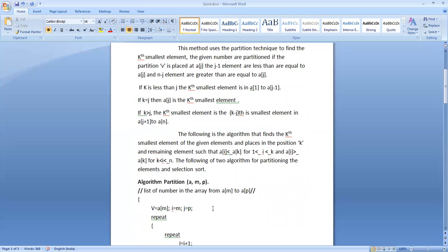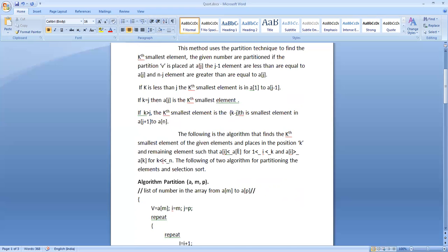Now look at this. Here also we use the very same partition algorithm that we used in the last class. The following is the algorithm that finds the kth smallest element of the given list of numbers and places it in position k. The remaining elements are such that after placing the kth smallest in its right location, the values before it satisfy a of i less than or equal to a of k for 1 less than or equal to i less than or equal to k.